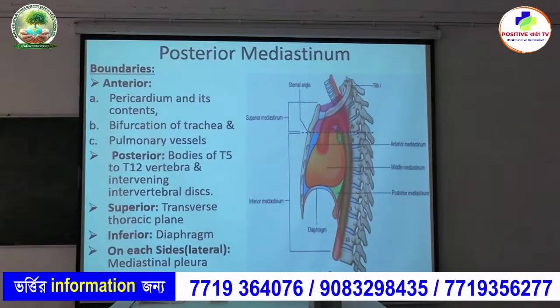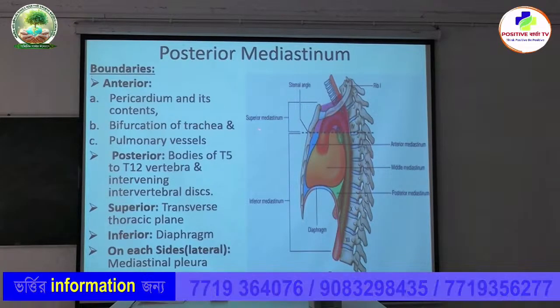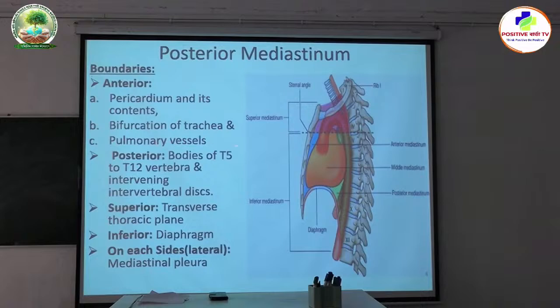Next we go to the posterior mediastinum. See, this green colored portion is the posterior mediastinum, posterior to the heart. So boundaries: anterior boundary is formed by the pericardium and its contents, bifurcation of the trachea and pulmonary vessels.